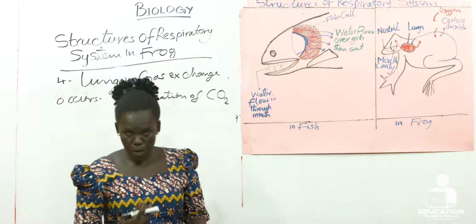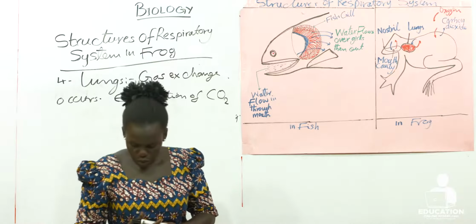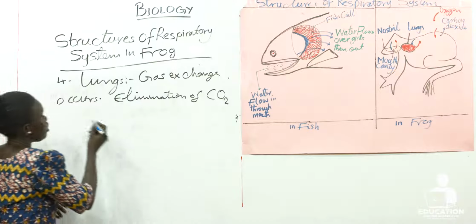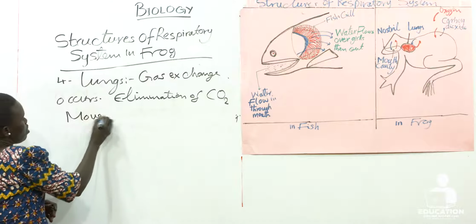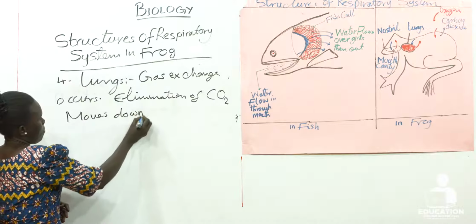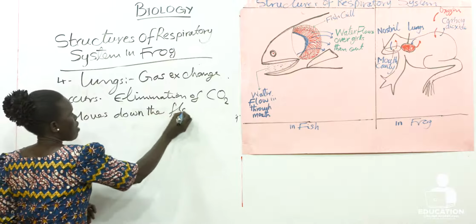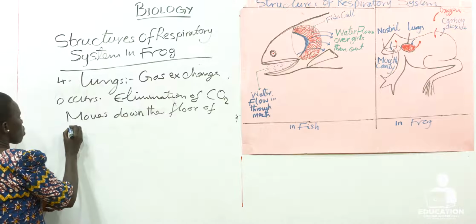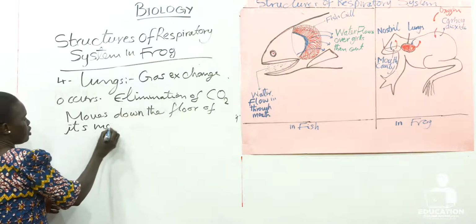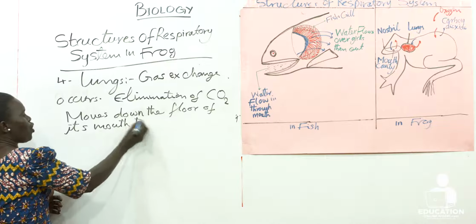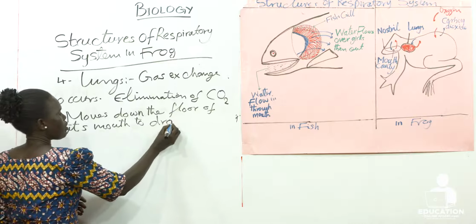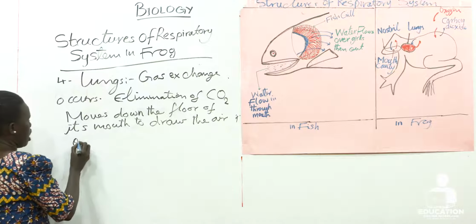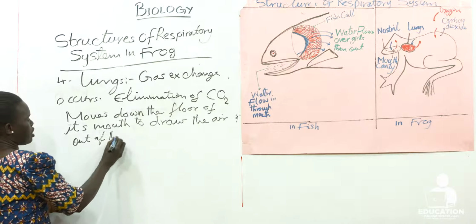The frog moves down the floor of its mouth to draw the air out of the lungs.